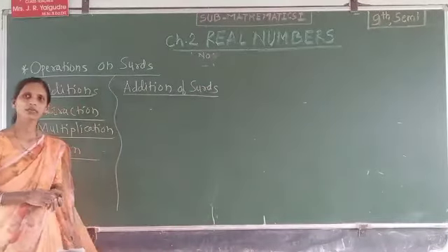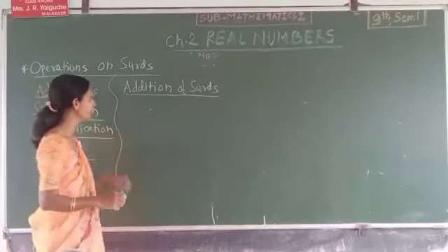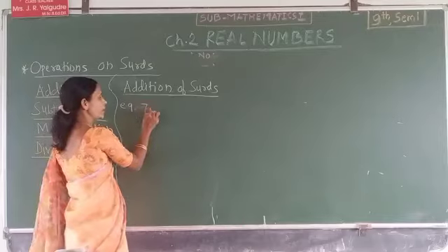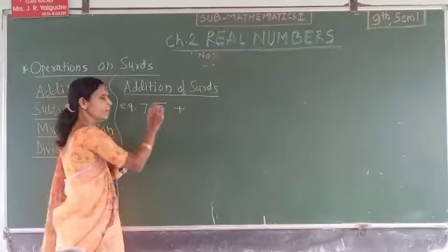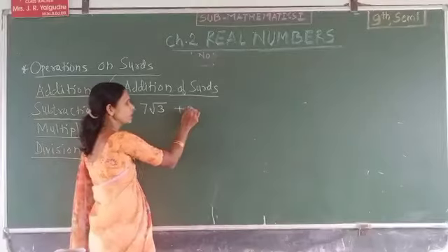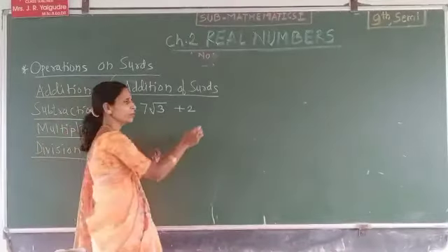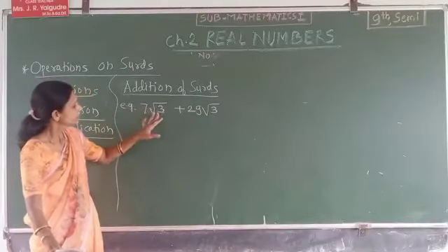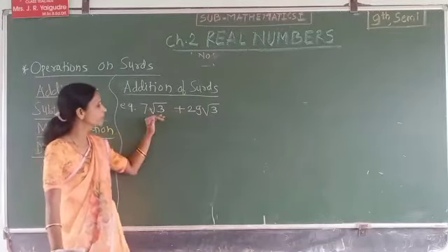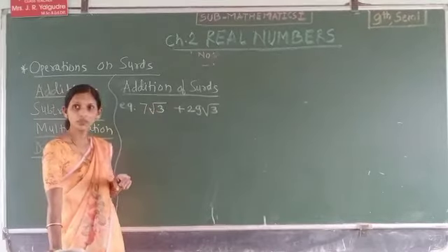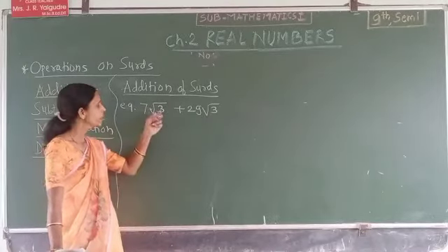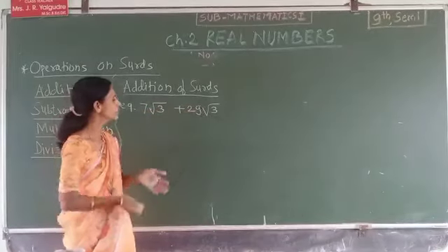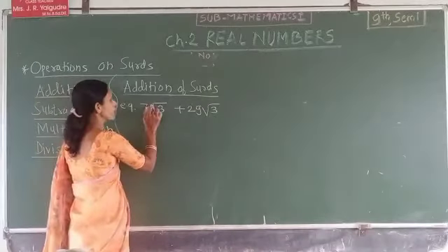Then see here, taking one example, that is 7 root 3 plus 29 root 3. See here, the surds are given in the simplest form, and their order is also the same.